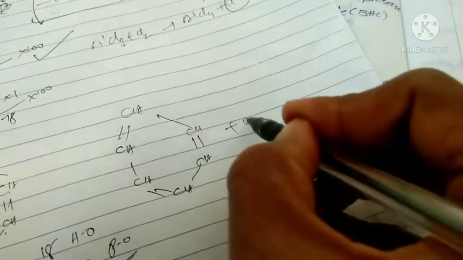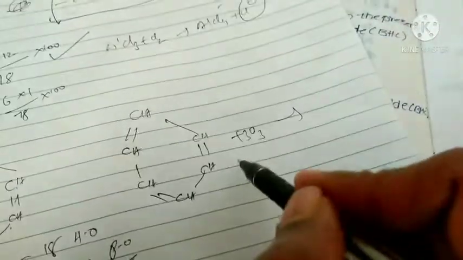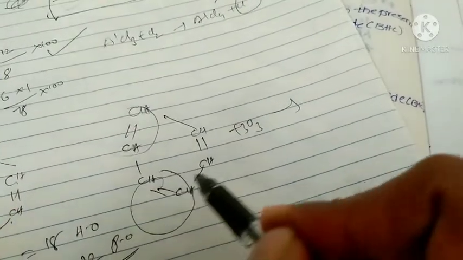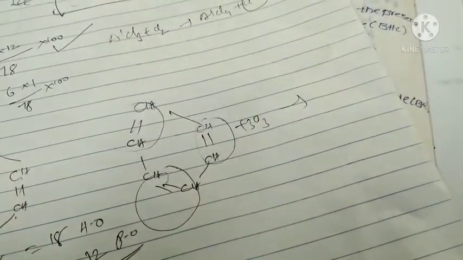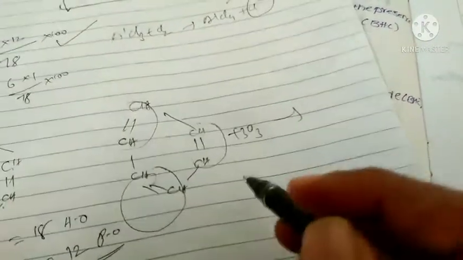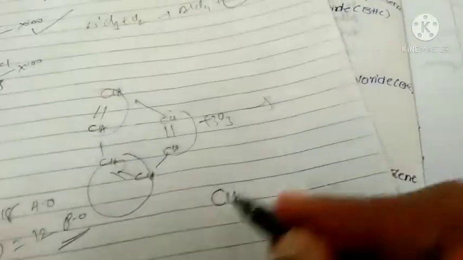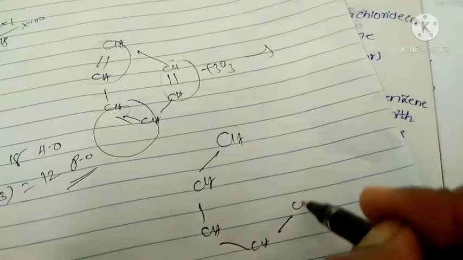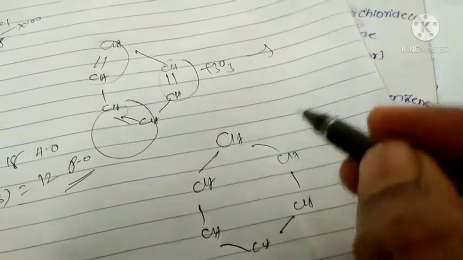When this benzene reacts with 3 moles of ozone, then what happened? One ozone molecule comes and attacks here, one ozone molecule comes and attacks here, one ozone molecule comes and attacks here. That means finally we get the compound like this. That is like this. CH, single bond, CH, single bond, CH, single bond, CH, single bond, CH, single bond, CH, single bond.